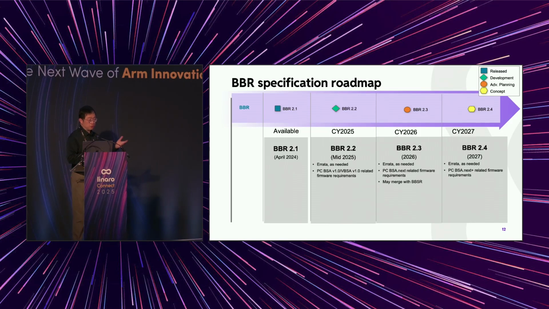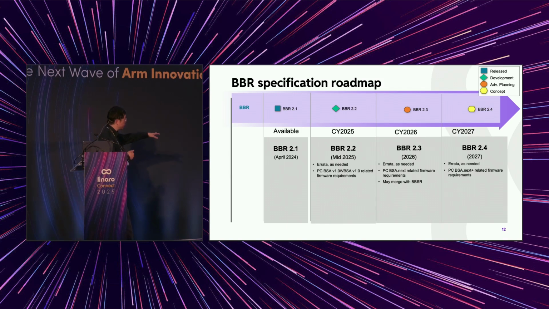BBR, we published one last year. I'm in the middle of trying to close the next version. I'm waiting for ACPI 6.6 to be published. They ran into a bit of a problem right now, but I hope in the next few weeks it will be published. So BBR 2.2 is going to be based on everything very recent, and ACPI 6.6 as well.